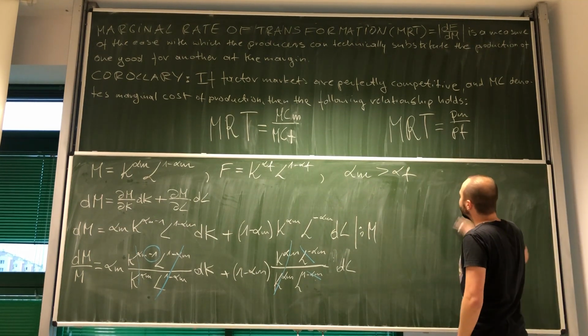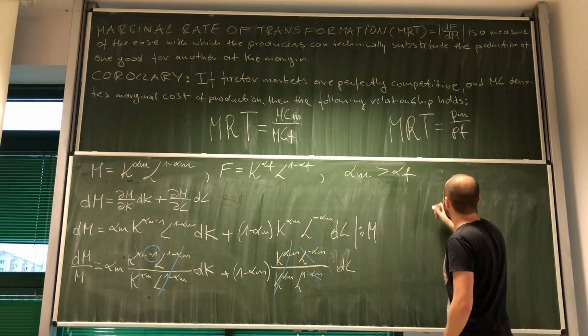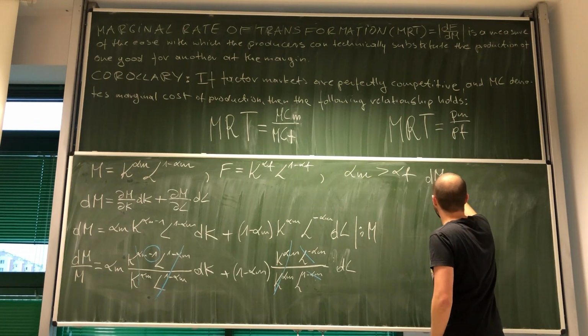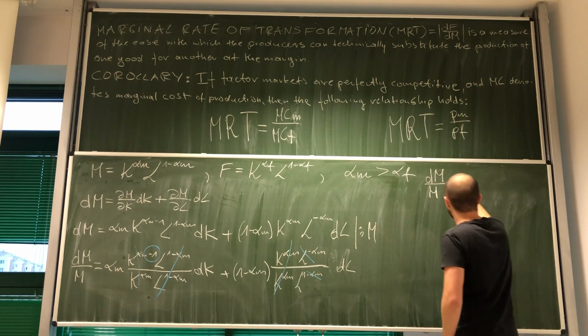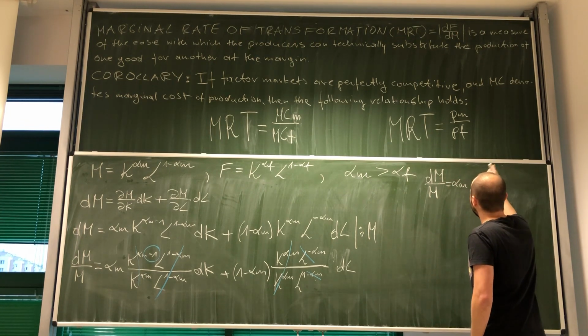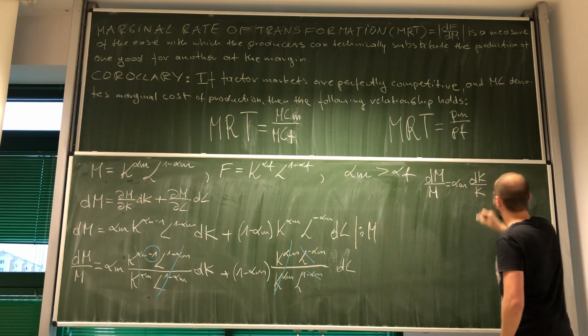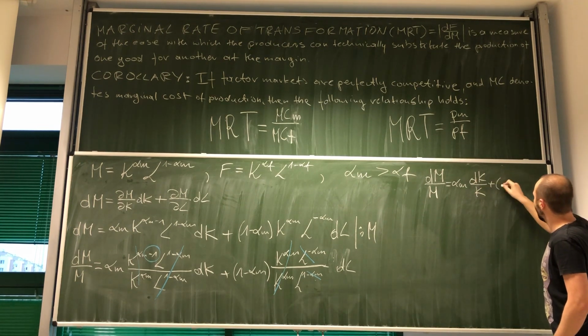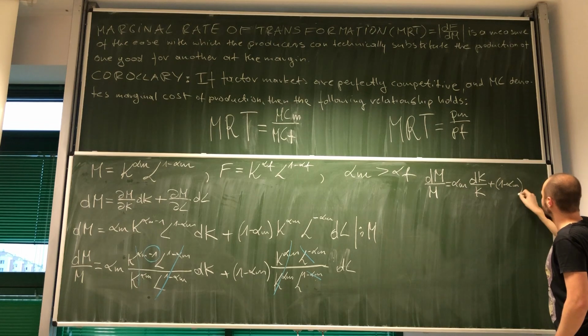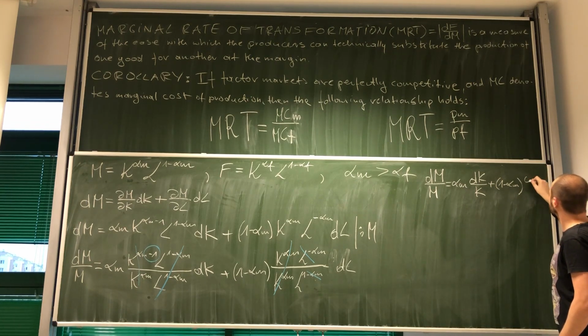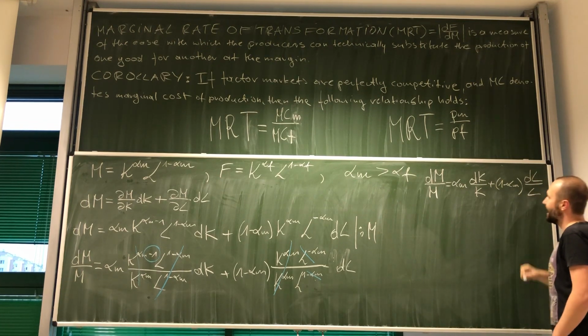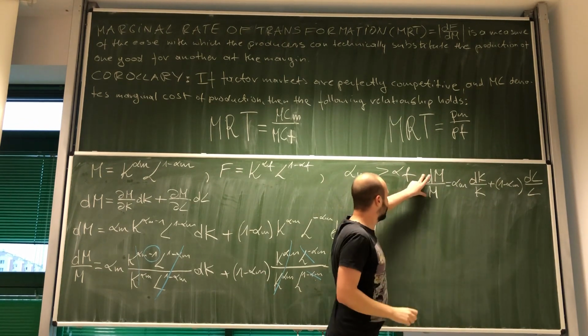Look, we're gonna get that we've got dm over m is equal to alpha m times dk over k plus 1 minus alpha m times dl over l. So what do we have here?